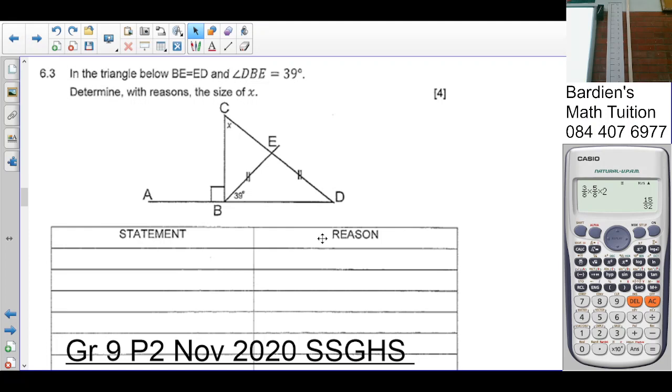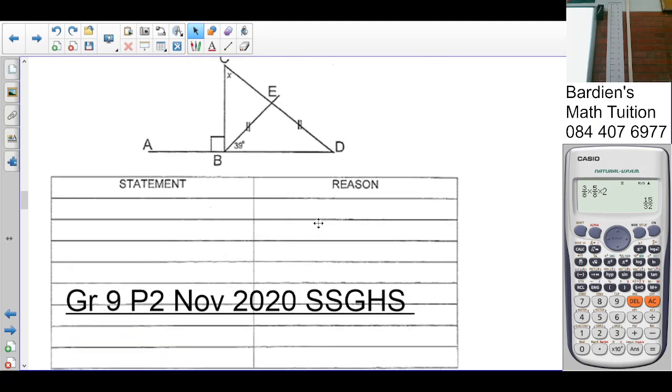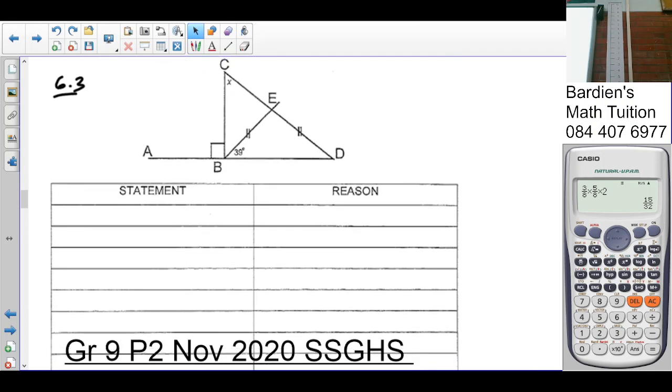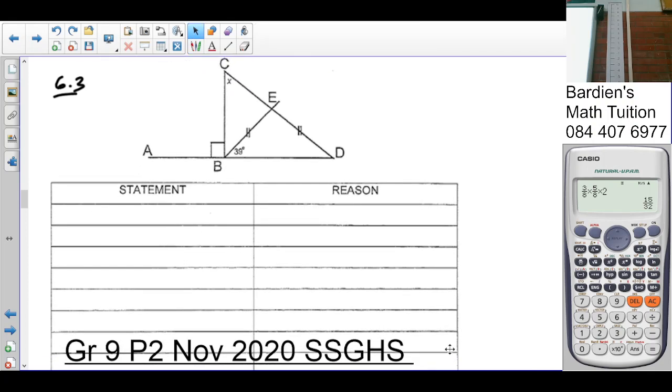Then it says, determine with reason the size of x. This is now 6.3. So you see where your x is lying? On top. So what can be calculated at this point?